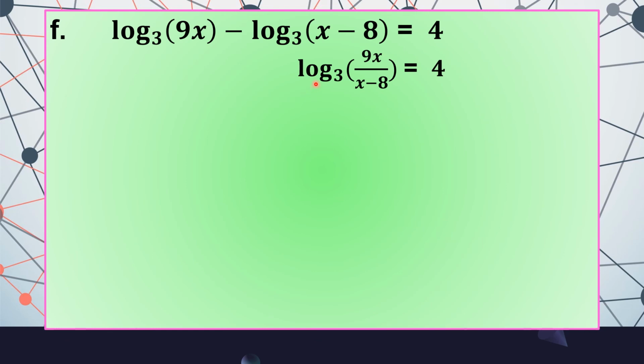So we have now logarithm of 9x over x minus 8 with base 3 equals 4. Since it is now a single logarithm, we need to rewrite this into exponential form.